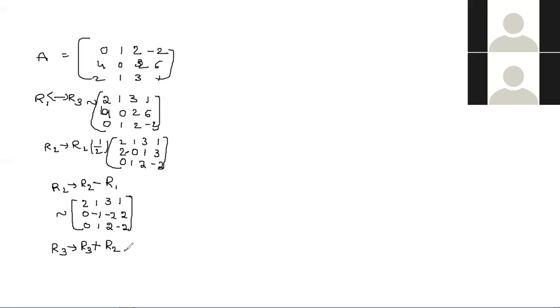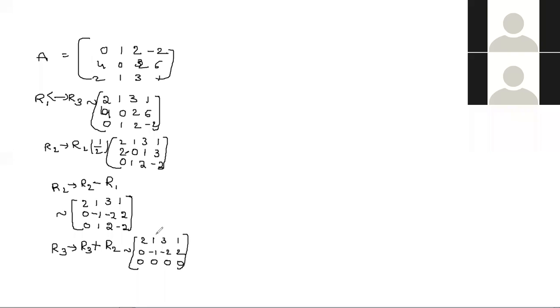So we write 2 1 3 1, and next 0 -1 -2 2. Next, 0 plus 0 is 0, 1 minus 1 is 0, 2 minus 2 is 0, and -2 plus 2 is also 0. Now this complete row becomes 0.